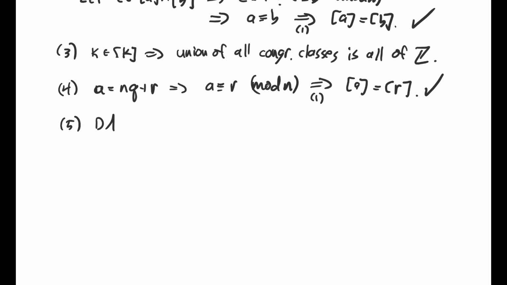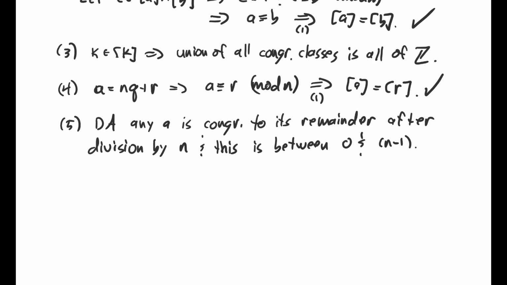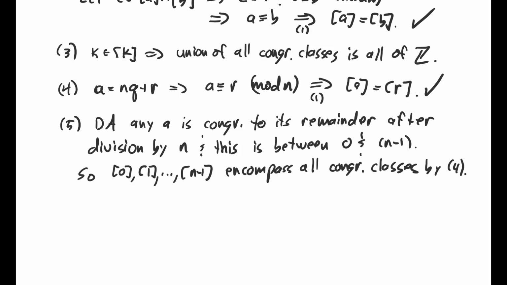Part 5, by the division algorithm, any A is equivalent to its remainder after division by n. And the remainder is between 0 and n minus 1. So that means our list of 0, 1, 2, 3, all the way up to n minus 1 by part 4 is listing every possible congruence class.